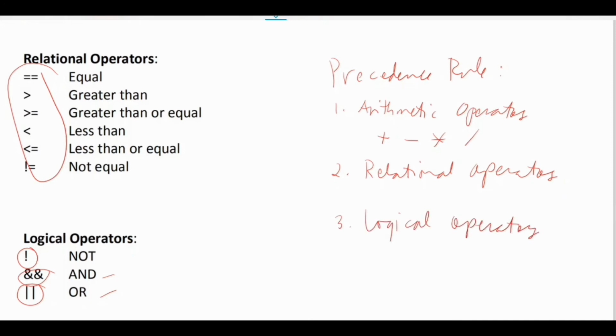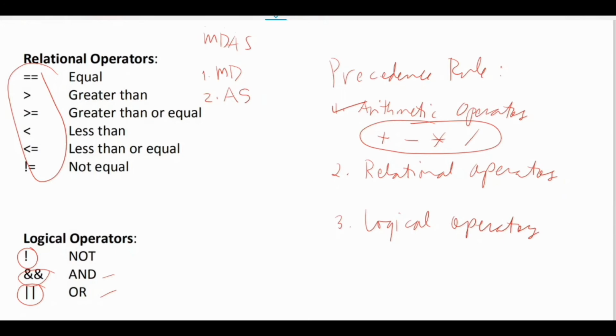For this group, arithmetic operators, the precedence rule among these four is, from mathematics we learned it is MDAS, right? Meaning multiplication, division, addition, subtraction. But in programming, the precedence rule is, first priority is the multiplication and division. The second priority are the addition and subtraction.